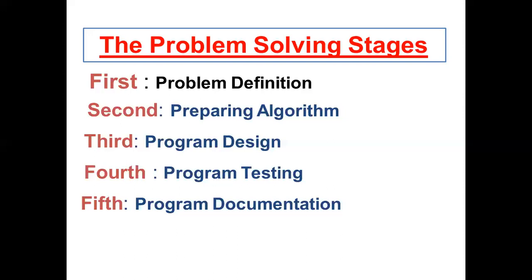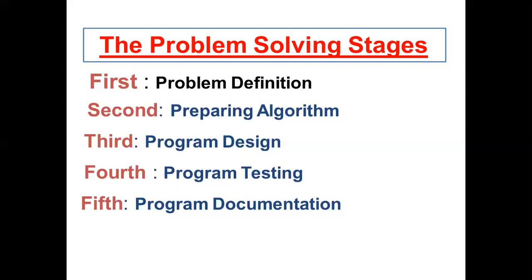Another one, the fifth stage, is program documentation, to save the copyrights, especially when many people participate in the program. Also to modify the date and time to be accurate. So these are the five steps we should follow to create the program.